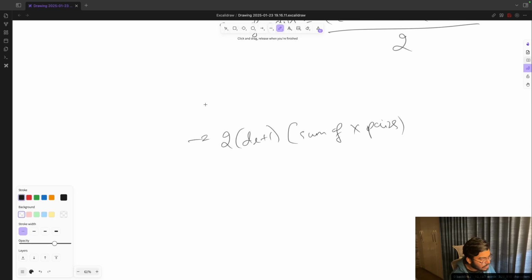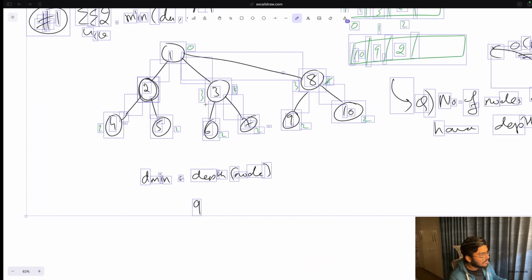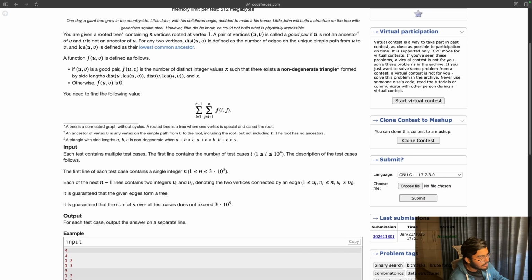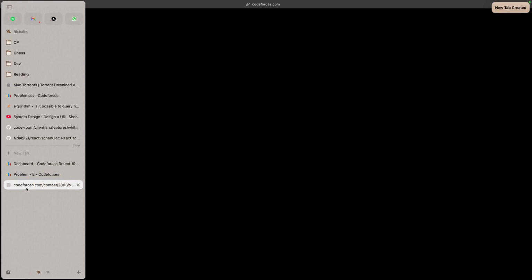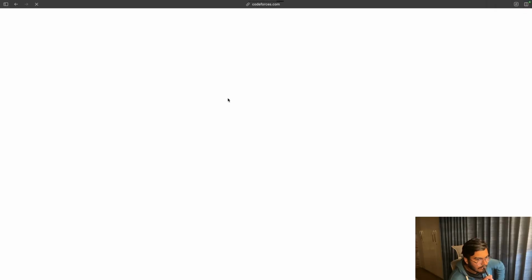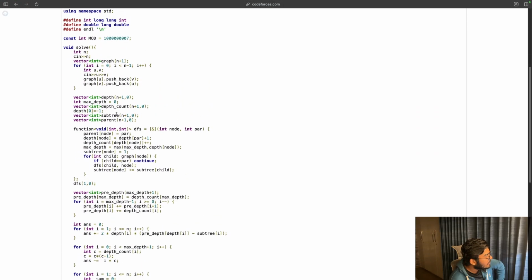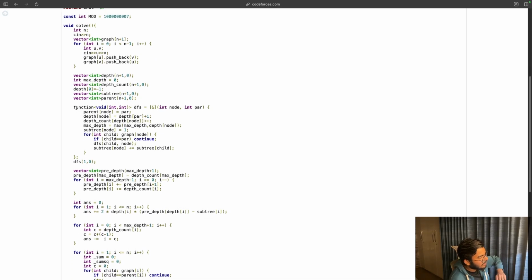So that was the explanation, and let's see the code and finish this video. Okay, so let's say you have a graph of max depth. Now we just run a BFS from node 1, and this will calculate the parent of each node, the depth of each node, and the depth count, meaning how many nodes have this depth.